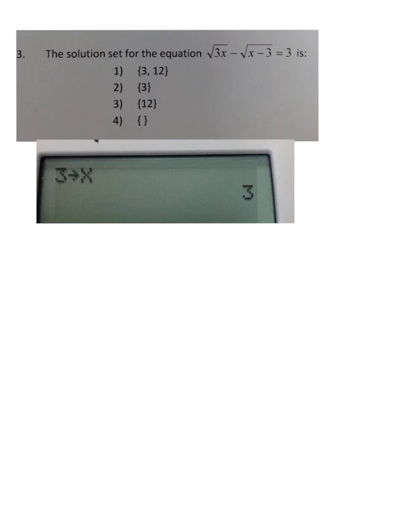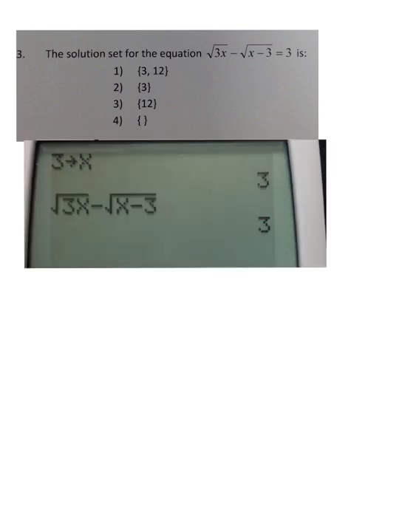If I do, I know that that's an answer choice. If I don't, then I know that it's not. So you can see now what I did was I typed in the left side of the equal sign, and you can clearly see that when I typed in this left side here, I got 3, which matches this right side of the equation. So I know that 3 is a solution.